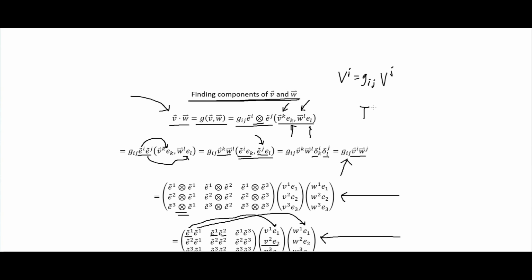Or we could have a tensor like this, and then we have our G, and if we have H and K, we could change one of these because it's just a summation index, which I'll get into more in the future. That will give us our T i j and then our G j k, which we sum over the two repeated indices, and that will just give us our T i k.